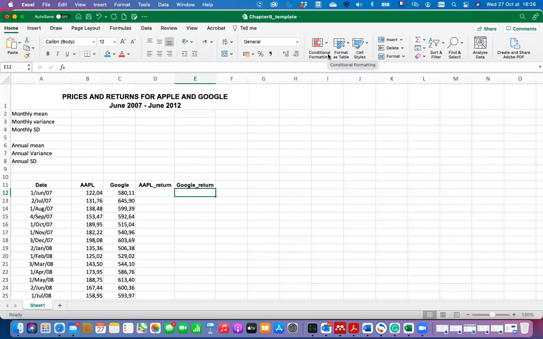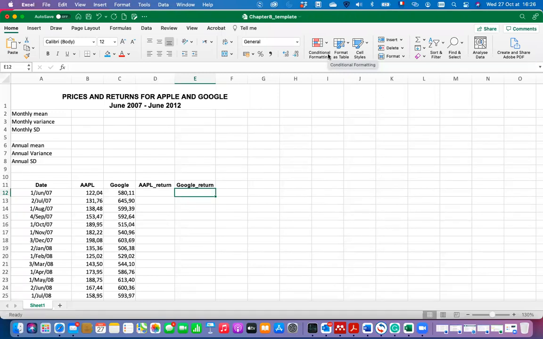Now, there are two ways to compute a return, whether using discrete time or using continuous time. Since we are operating within the stock market, prices are available at any time, every second.